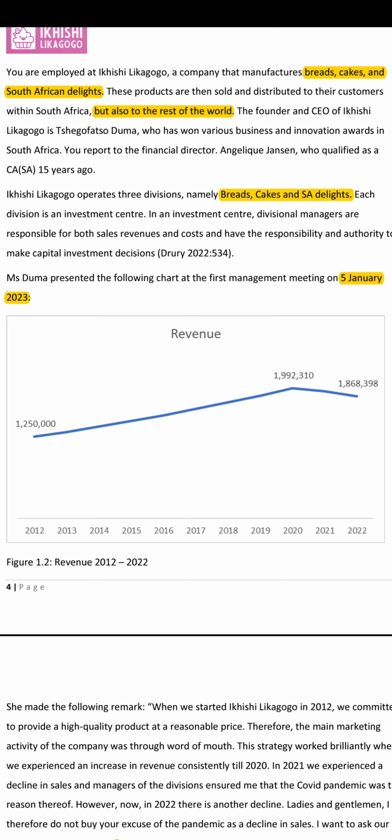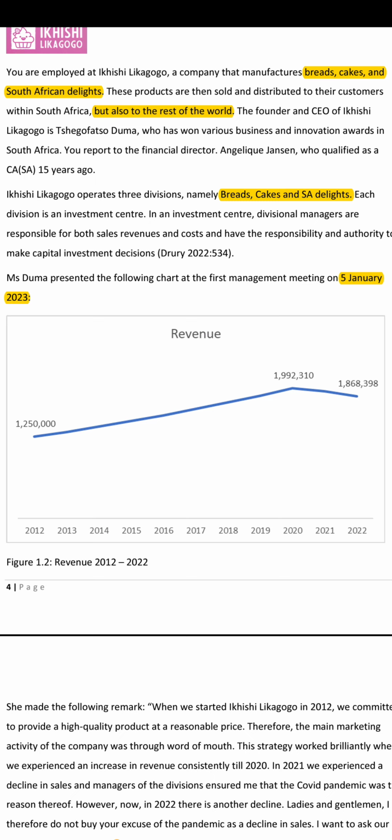Now, secondly, you can see that there is a trend that you can pick up. From 2012 to 2020, there was an increase in revenue. But then from 2020 to 2022, there was a decline in our revenue. So that's the second thing that you would have picked up.